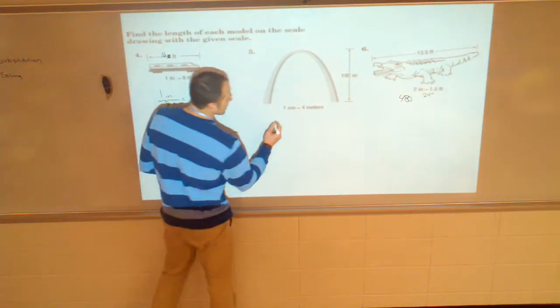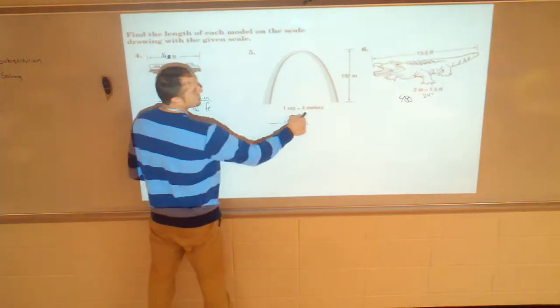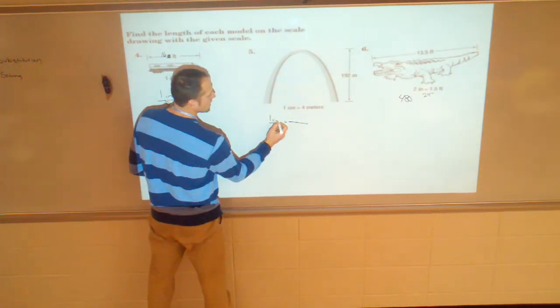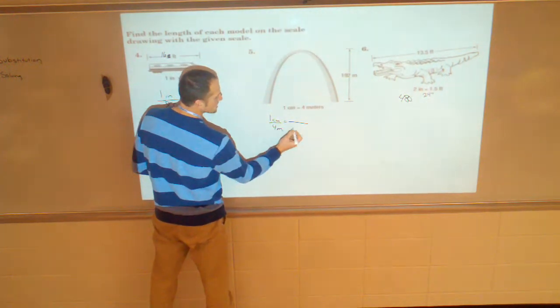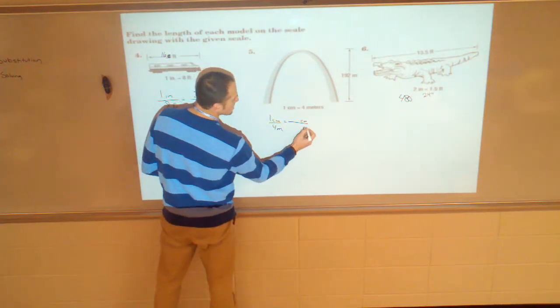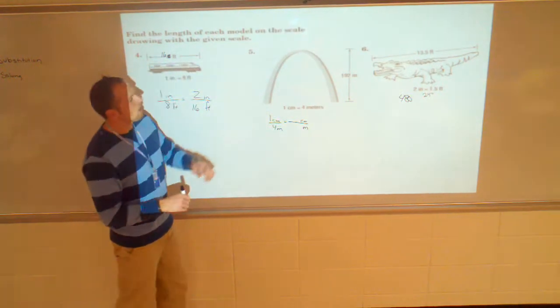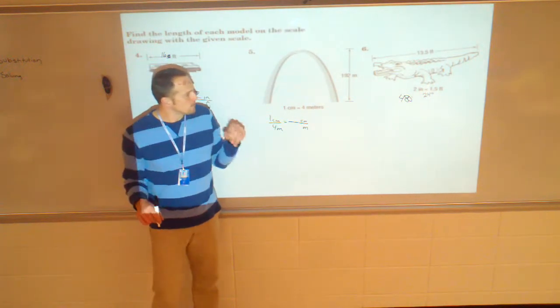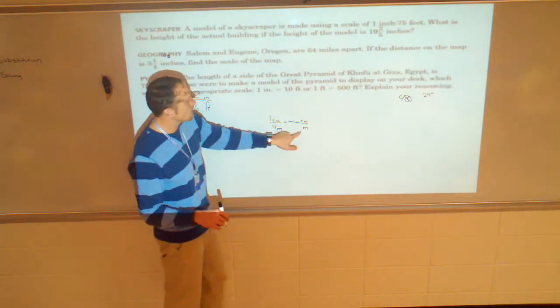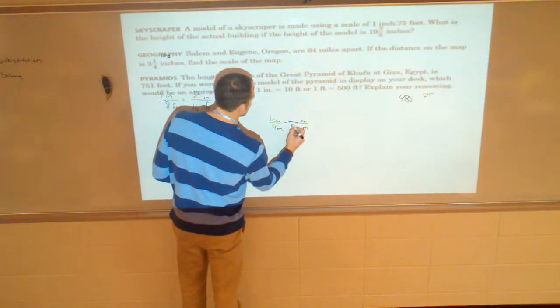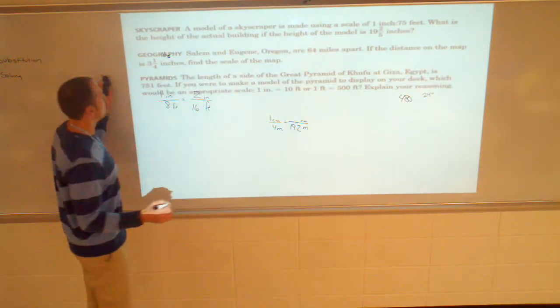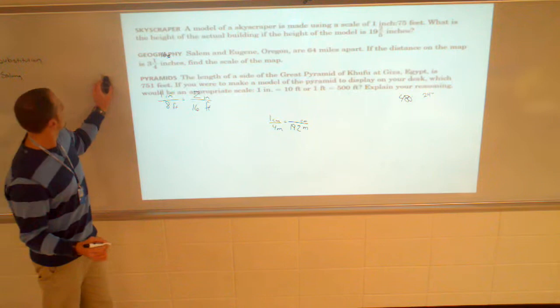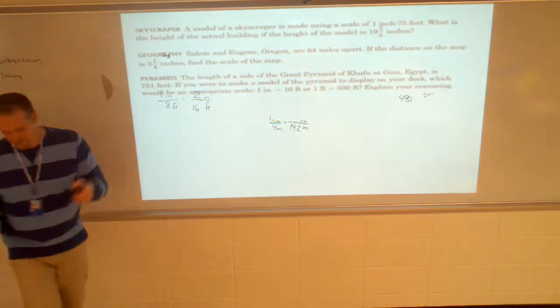So, here's our proportion. Our scale is the first, 1 centimeter, 4 meters. Carry your units across. All right, now, where do I put this 192? Jaylee, top or bottom? Bottom. It's 192 meters. That's where it is.